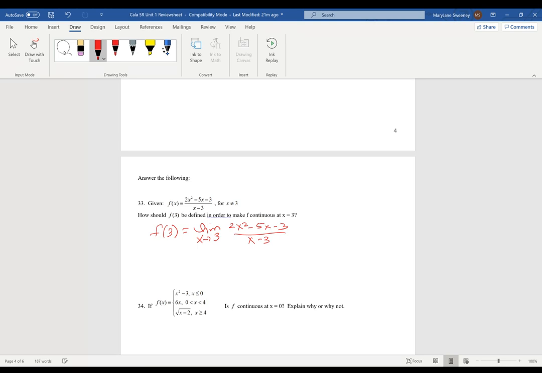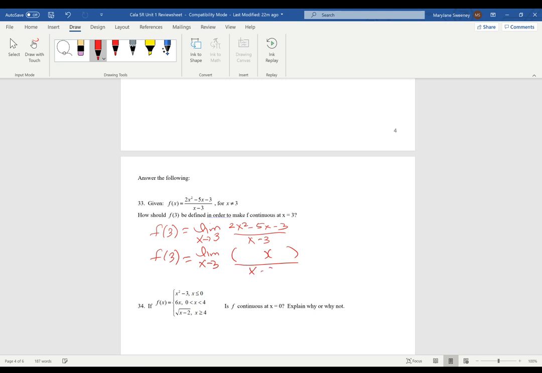That is our 3-part definition of continuity. In order to be continuous, the limit of f of x as x approaches some value has to equal f of that value. So f of 3 has to equal the limit as x approaches 3.